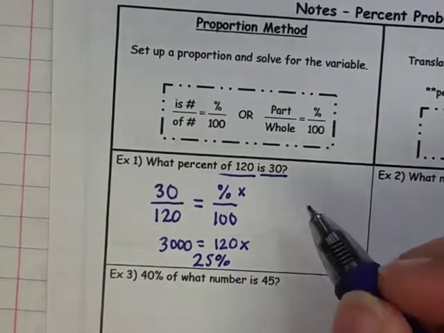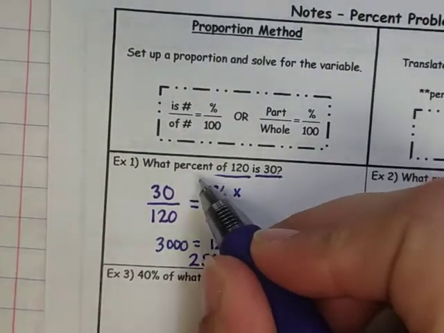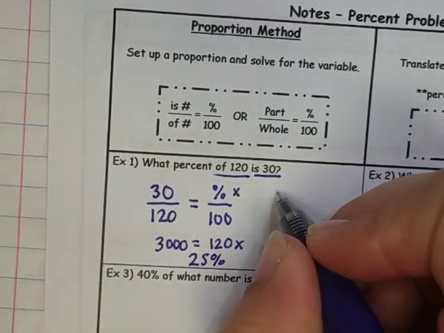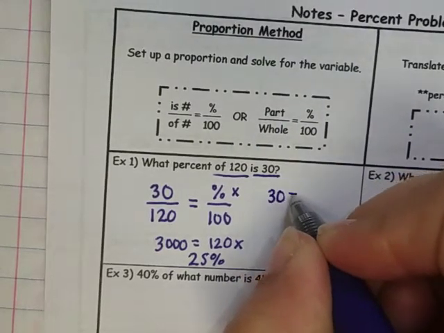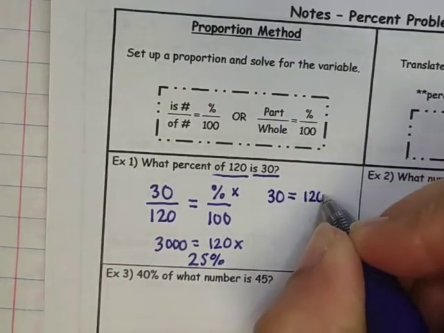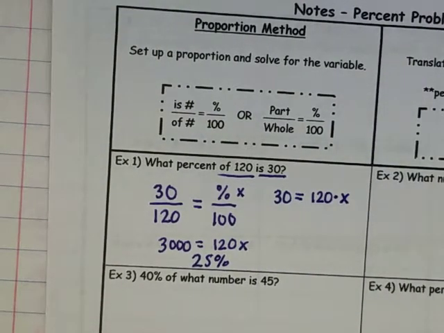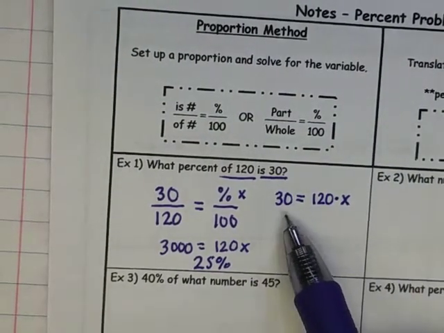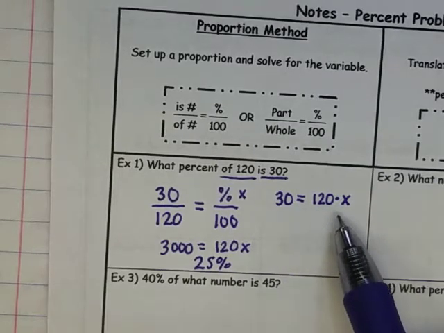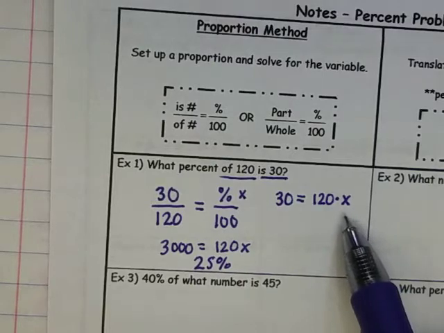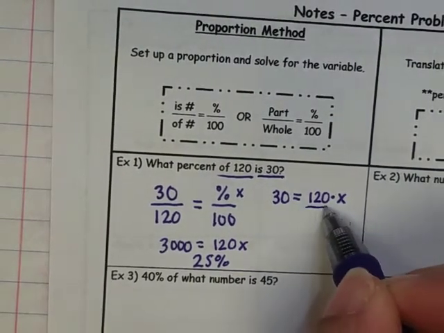And that's just one way to do it. Another way to do it is that we can say of is to multiply. So you could say that 30 is 120 of what percent? So it's always your part equals your whole times your percent. We don't know what the percent is, so that's why we write x. Then we're going to divide both sides by 120.